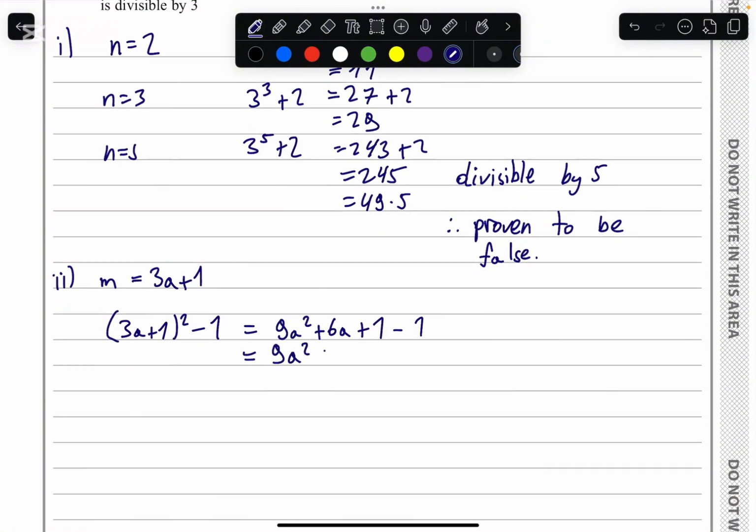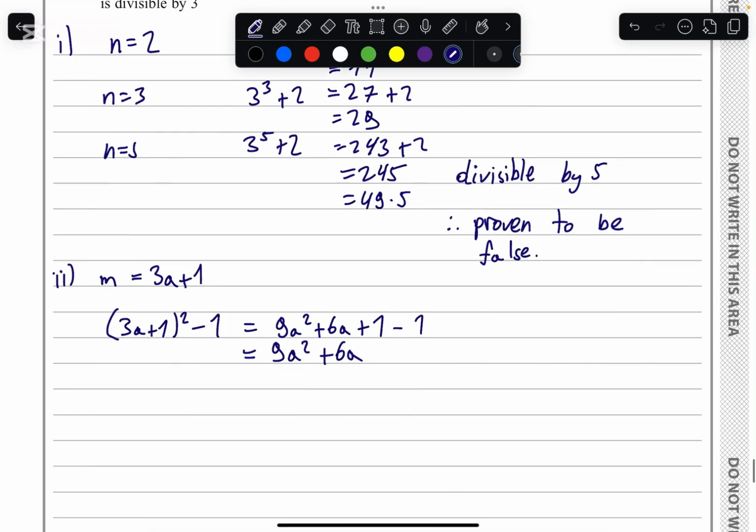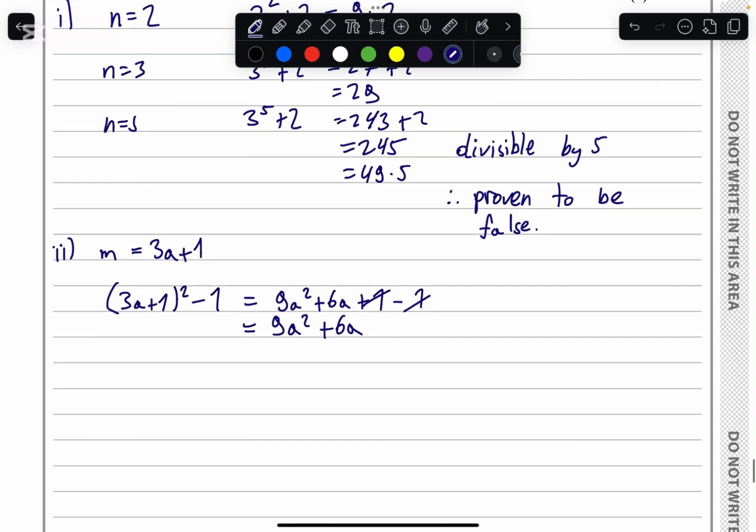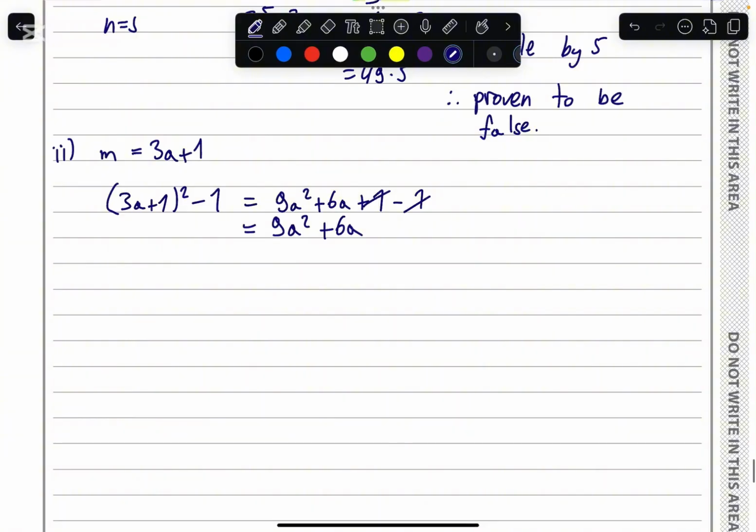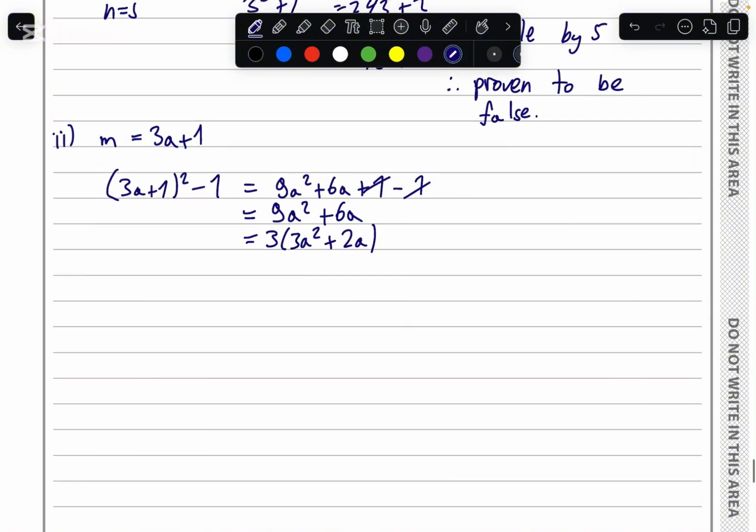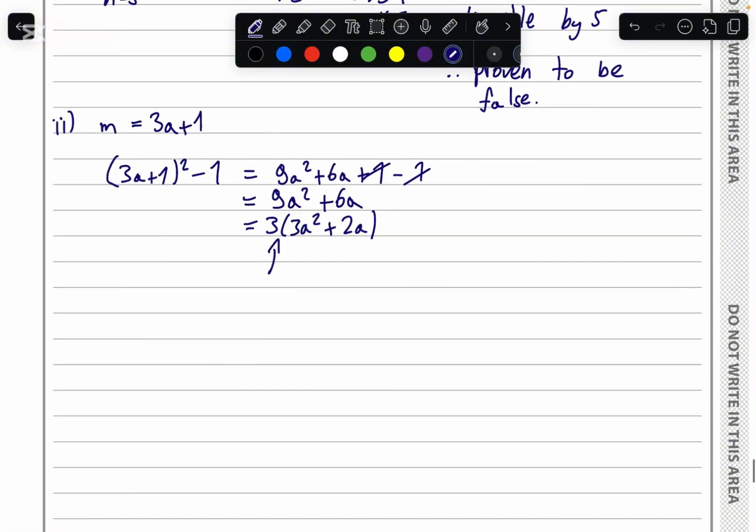The 1s cancel each other out, leaving us with 9a squared plus 6a. If we factorize the 3 outside, we get 3 times (3a squared plus 2a). This 3 here means that this number will always be divisible by 3.